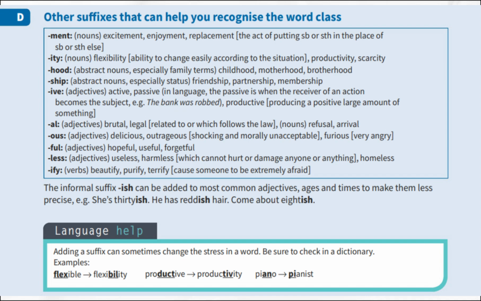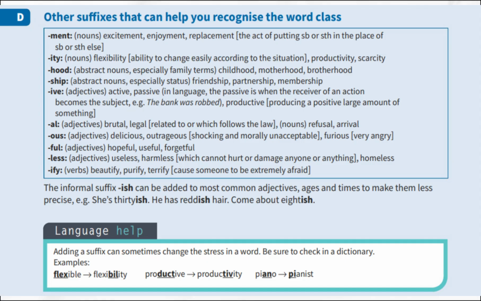-ous forms adjectives. For example, delicious, outrageous, shocking and morally unacceptable, and furious, very angry. -ful forms adjectives. For example, hopeful, useful, and forgetful. -less forms adjectives meaning without.